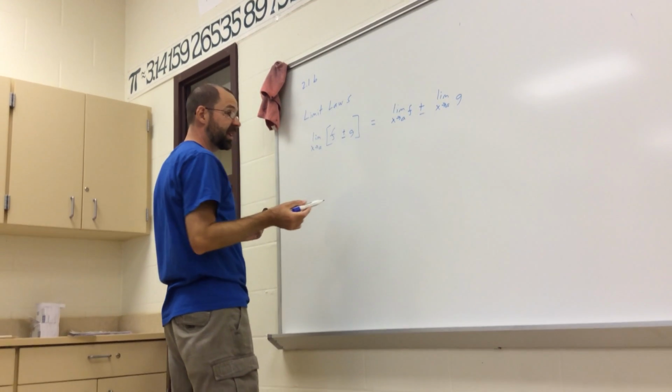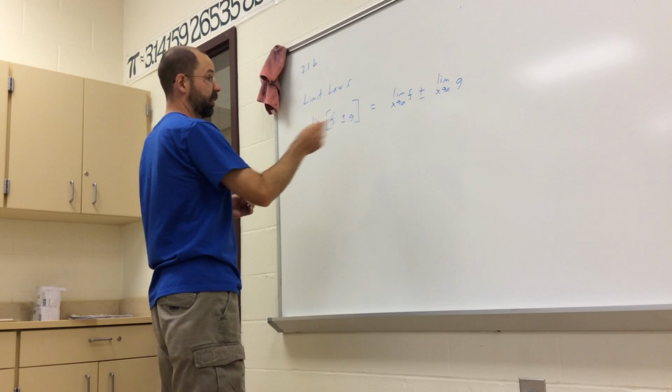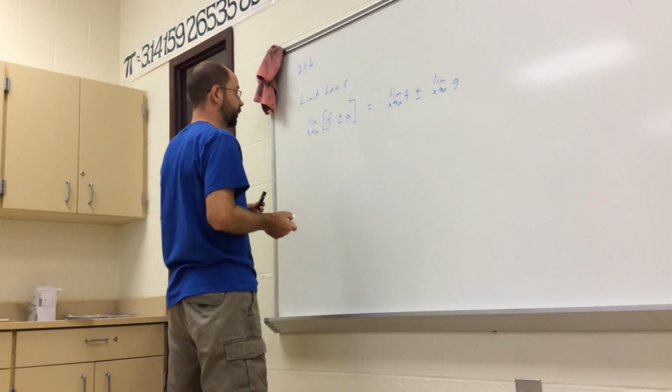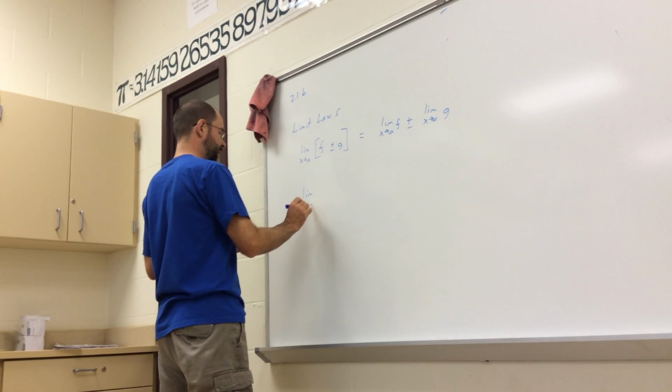So you can, in a sense, distribute a limit past plus and a limit past subtraction, and either way you get the same answer. There's also a limit law for multiplication.